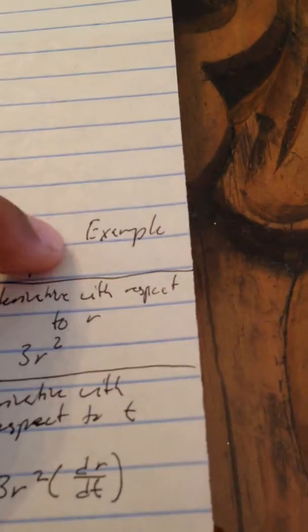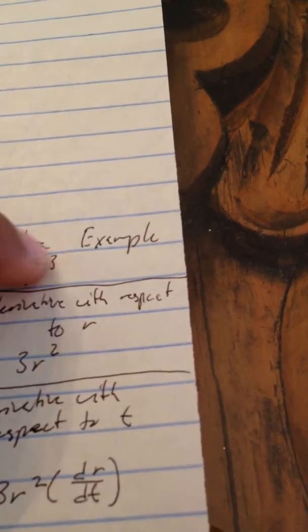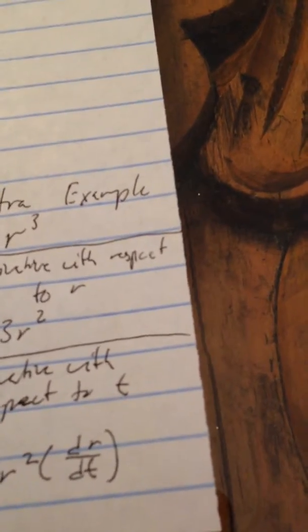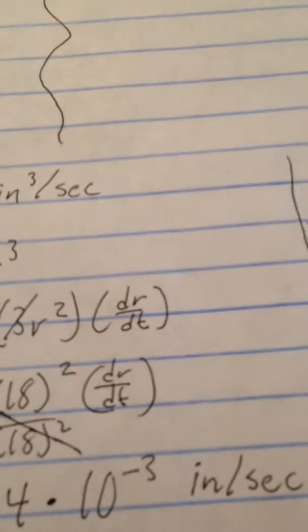The reason is that the rule states you must first do the power rule, bring the 3 to the front and then subtract 1, as we did here. And then you must take the derivative of the variable inside, which is r, with respect to time. So the way to do that is to write the dr/dt. So now back to this example, you can see why we did the dr/dt, because we also needed the derivative of the radius with respect to time.